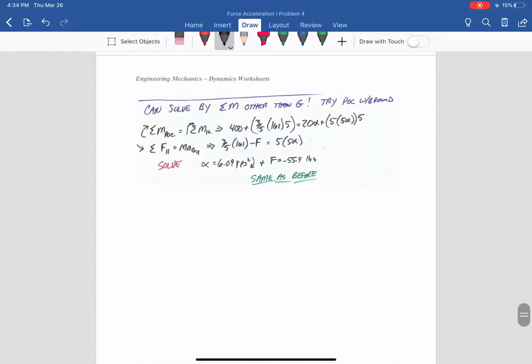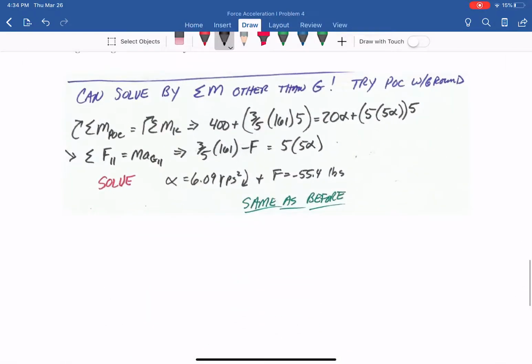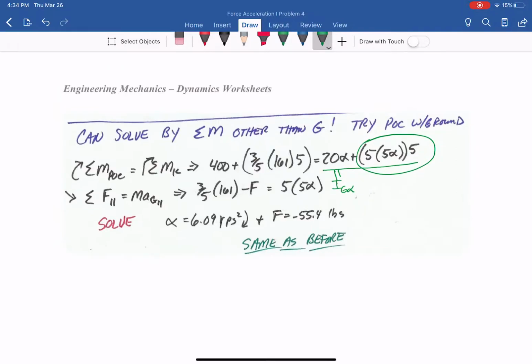As you can see, if you take the moment about a point other than the point of contact, the term in the kinetic diagram, you see I_G alpha, and also m a_G parallel times the radius, so that you have it in those components.